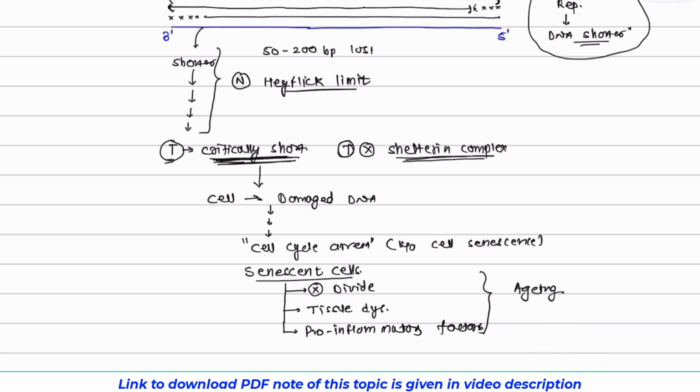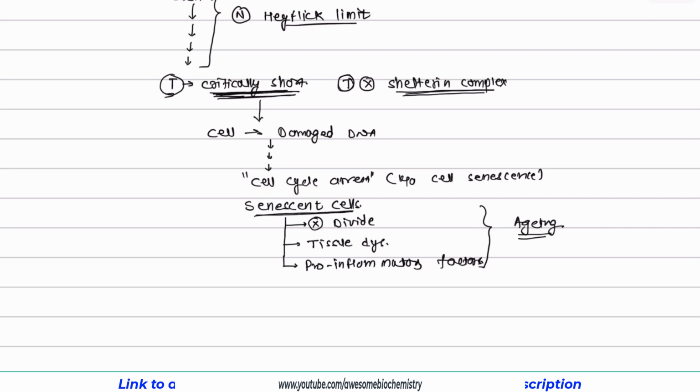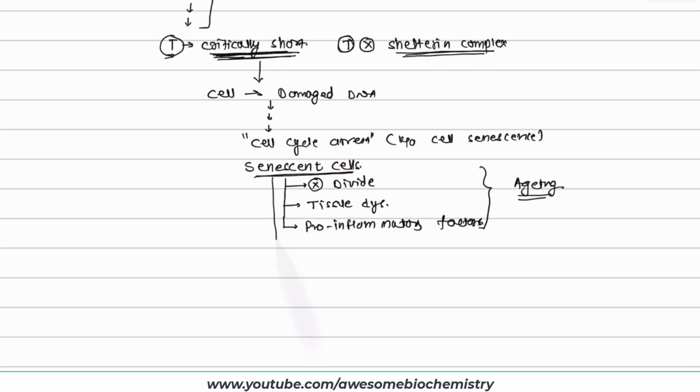We know that in aged people, there is loose skin, their elasticity is lost, and their vascular wall elasticity is lost. All these signs of aging are because of these characteristics of senescent cells. And ultimately, these senescent cells within a short time undergo programmed cell death, which is called apoptosis.